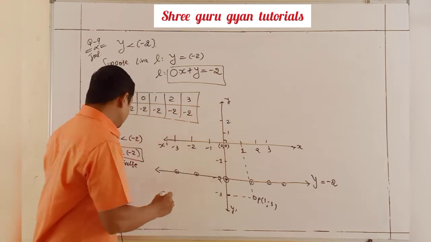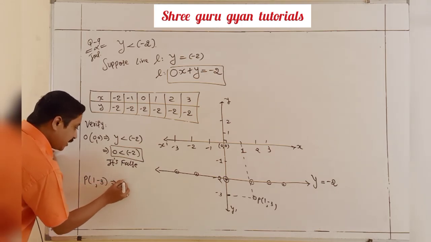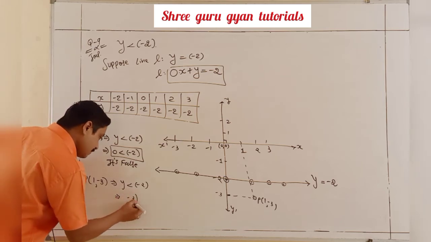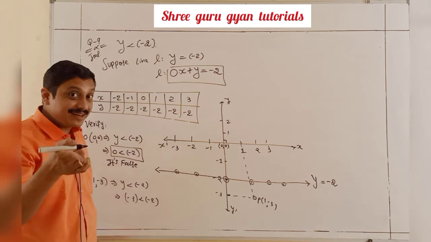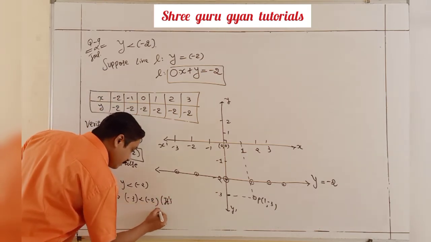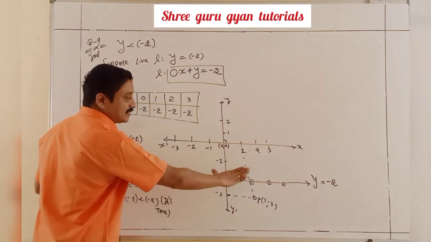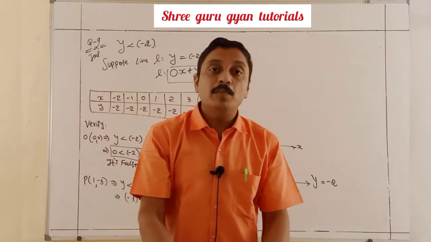So I check here point P (1, minus 3) and apply it to the inequality. The y coordinate is minus 3. Is minus 3 less than minus 2? Yes, it is true. So your shading is confirmed on this side, and since it is less than, I make an open half plane.